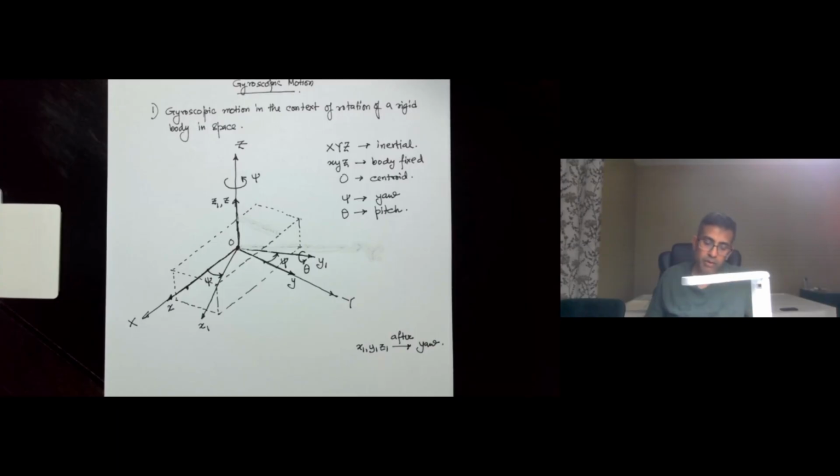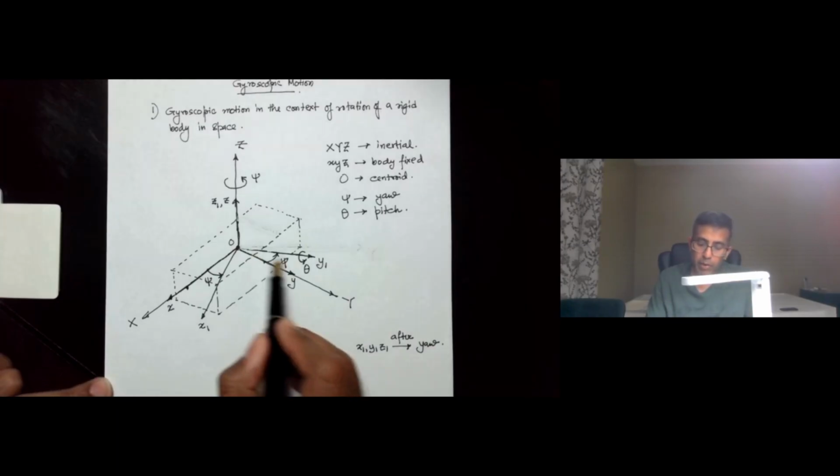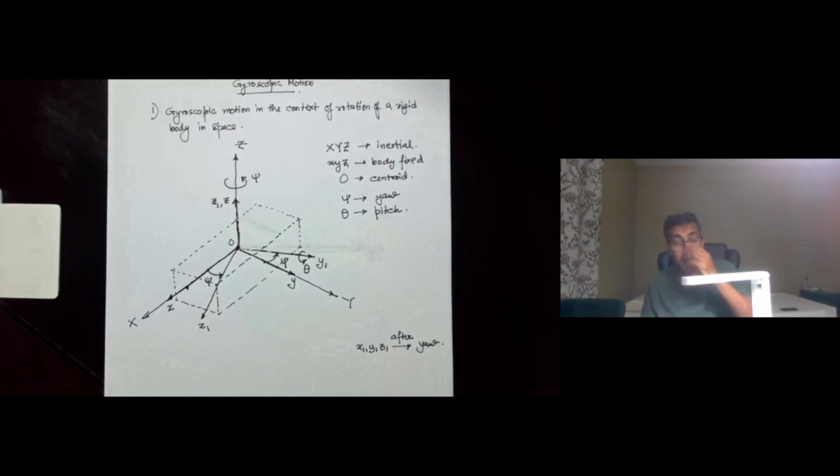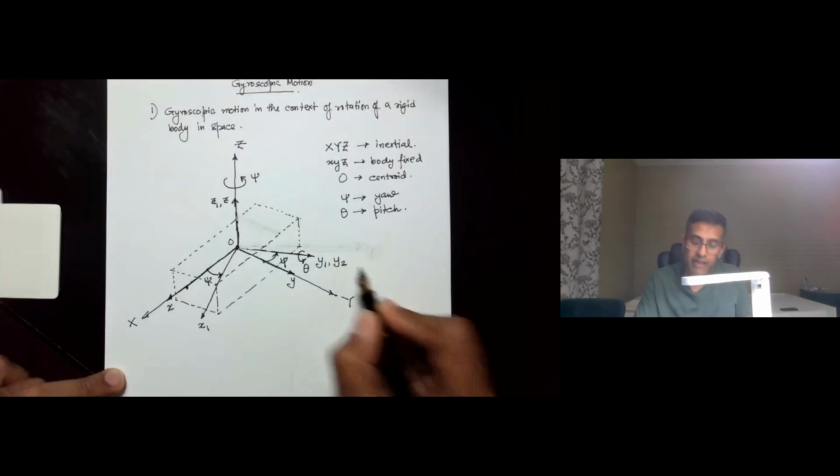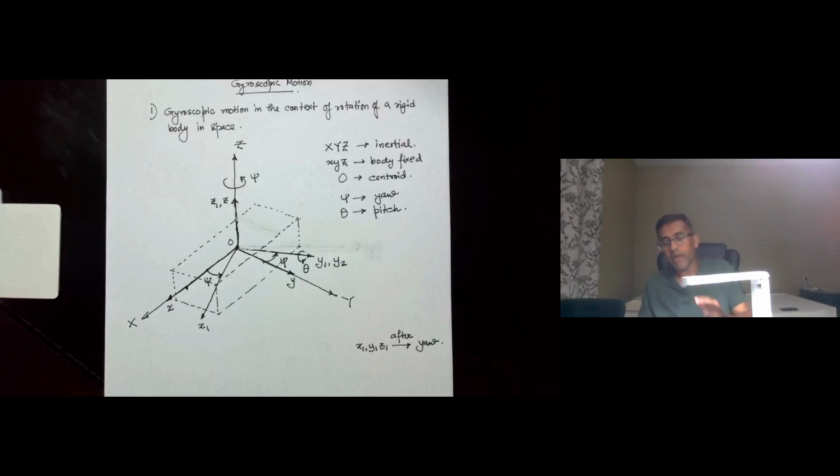Now with this, what's going to happen is you're giving a rotation about the y1 axis, that is the rotated body fixed y-axis. And let's say that as a result of that rotation, y1 goes to y2, and y1 and y2 are going to be coincident because you are rotating about the y1 axis.